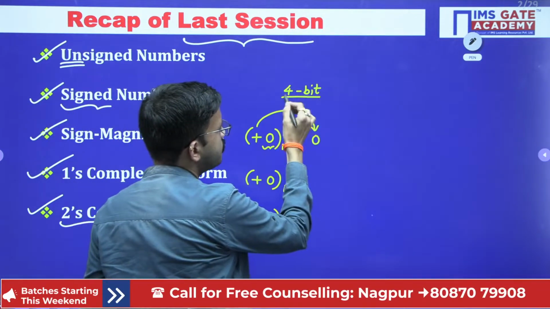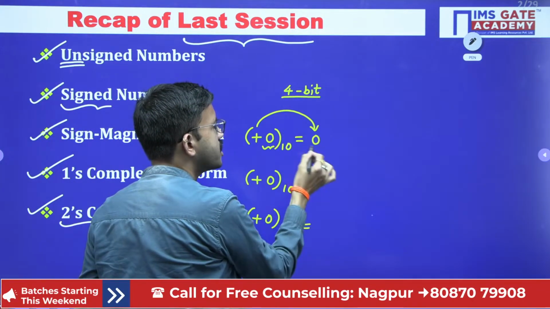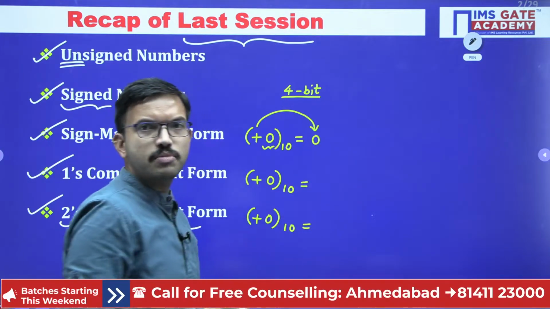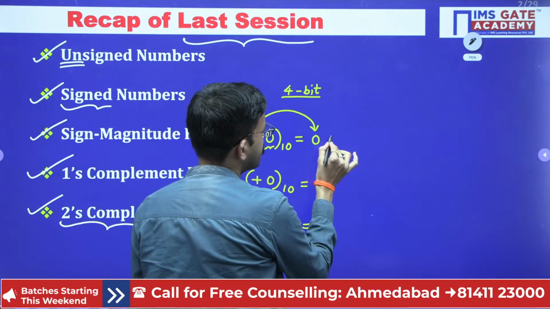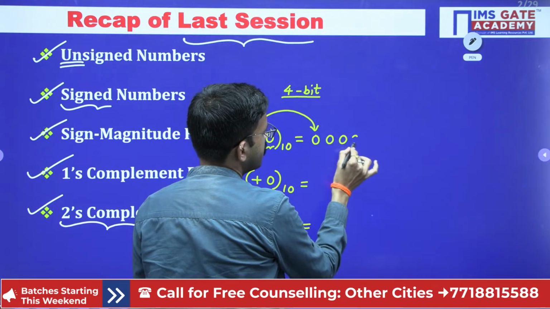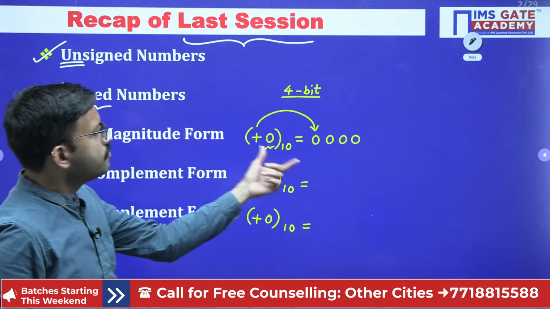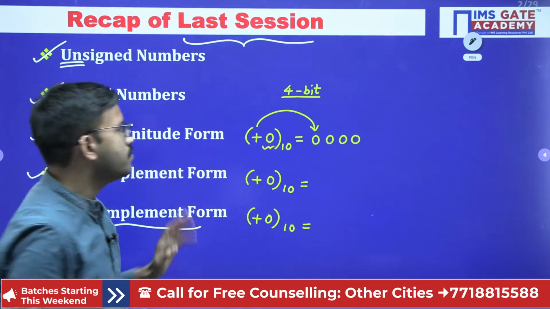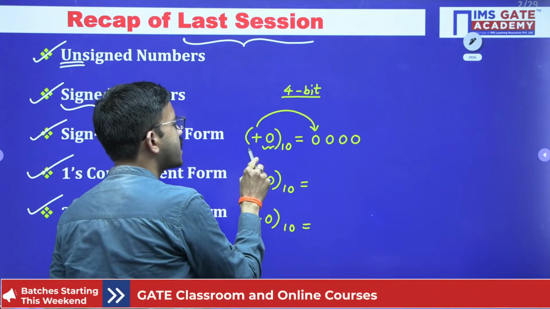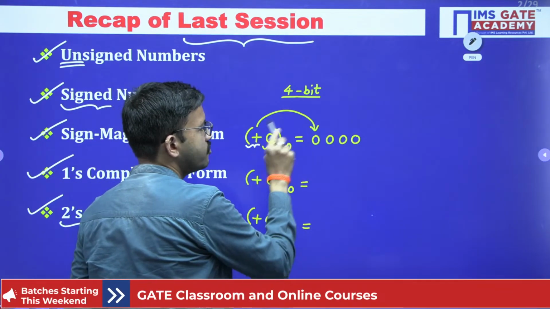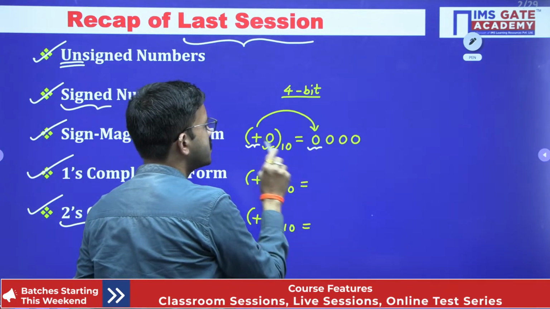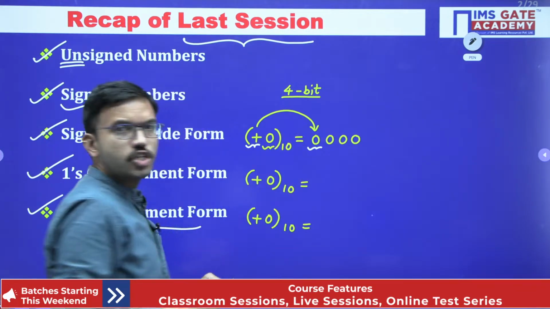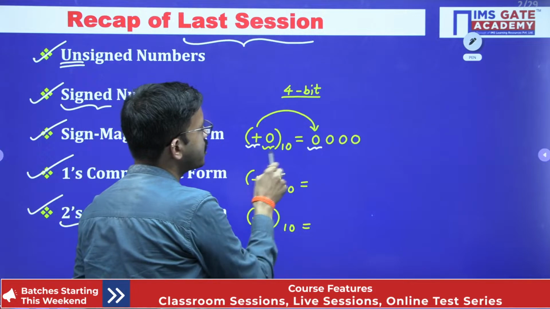Since the total number of bits is 4, among that we have considered 1 bit as the sign, so the remaining 3 bits you can simply put as zeros. This is the method we follow for sign magnitude. Sign magnitude form means whatever sign you have, we reserve 1 bit for it. Since you have a positive sign, the sign bit should be 0, and the remaining bits represent the magnitude of the number.